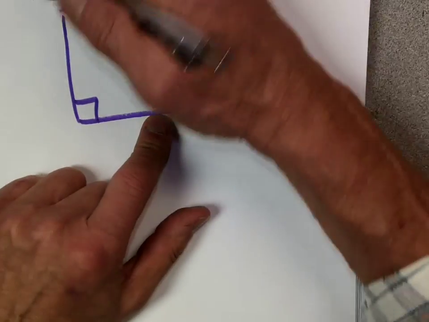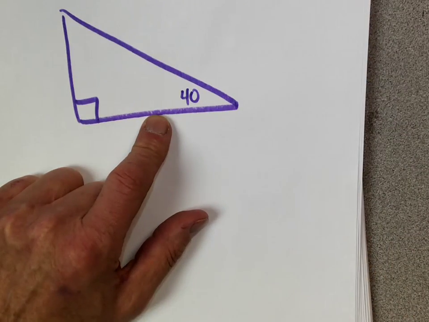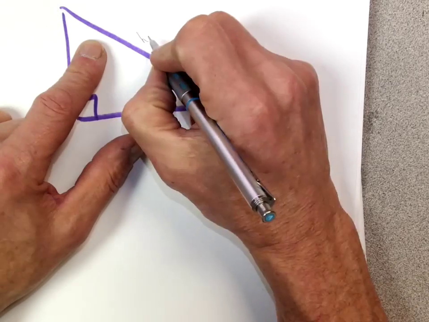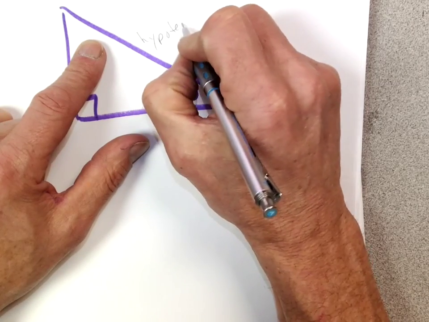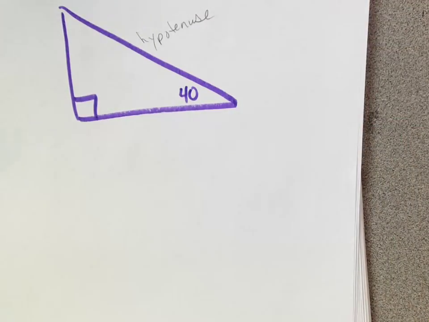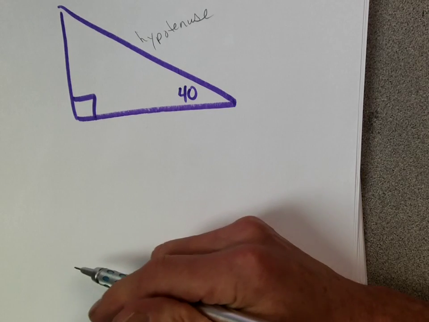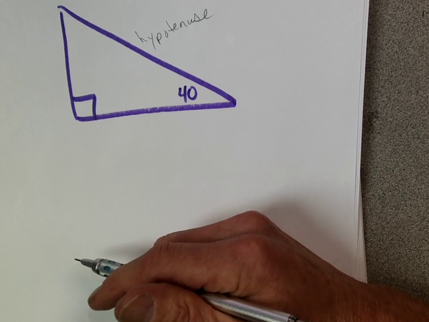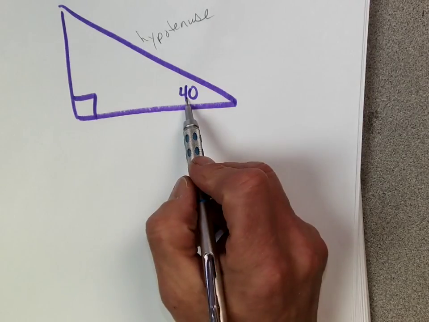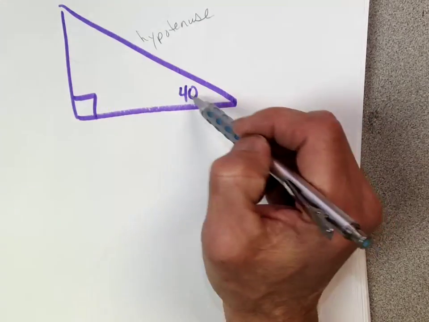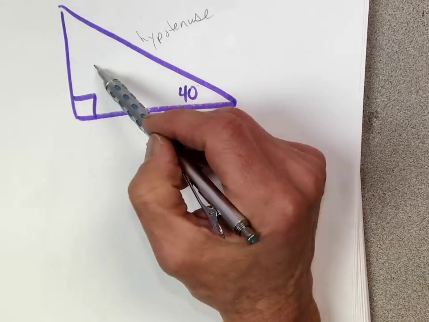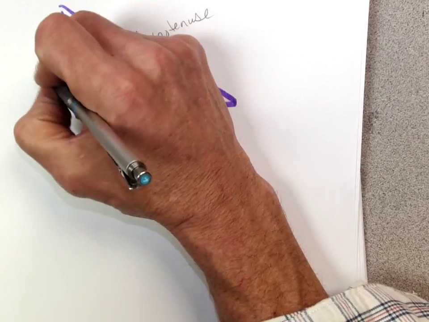Then this longest side is always the hypotenuse. Everybody knows that. That's the name of that side, and we need that when it talks about sine or cosine. From the angle, this side all the way across is called the opposite side. So I'll label it the opposite side.